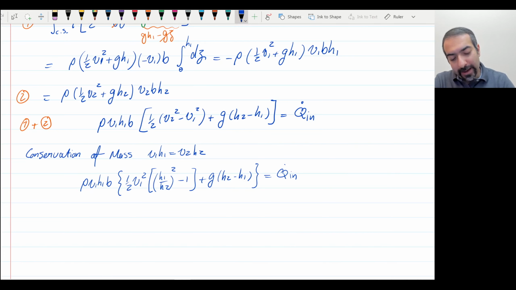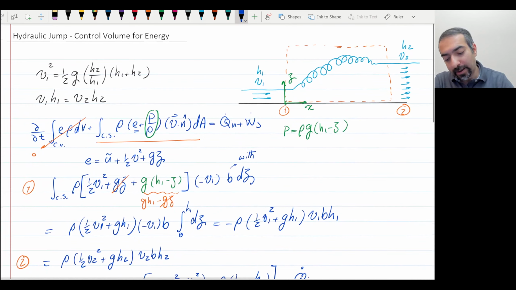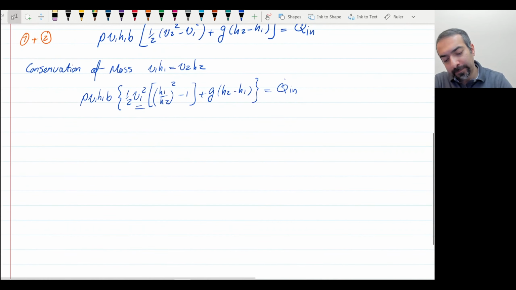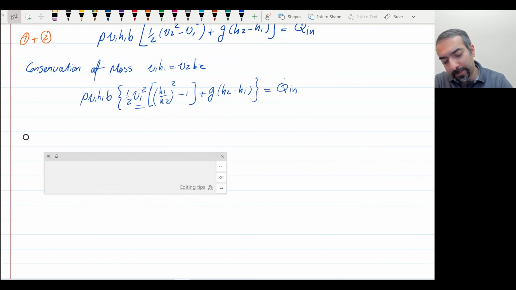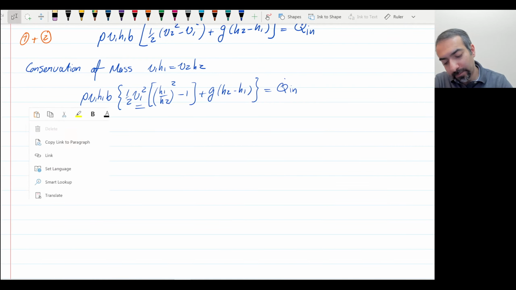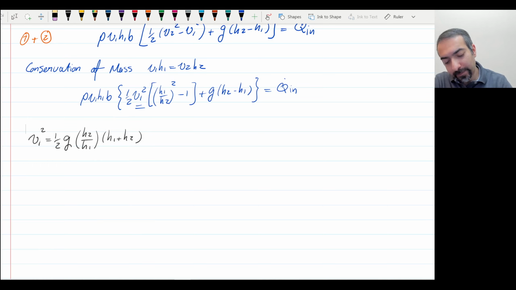All right, now what I'm going to do, I'm going to use the expression that we have for v1. I'm going to just copy paste this here. Copy and bring it here. Paste. There you go.